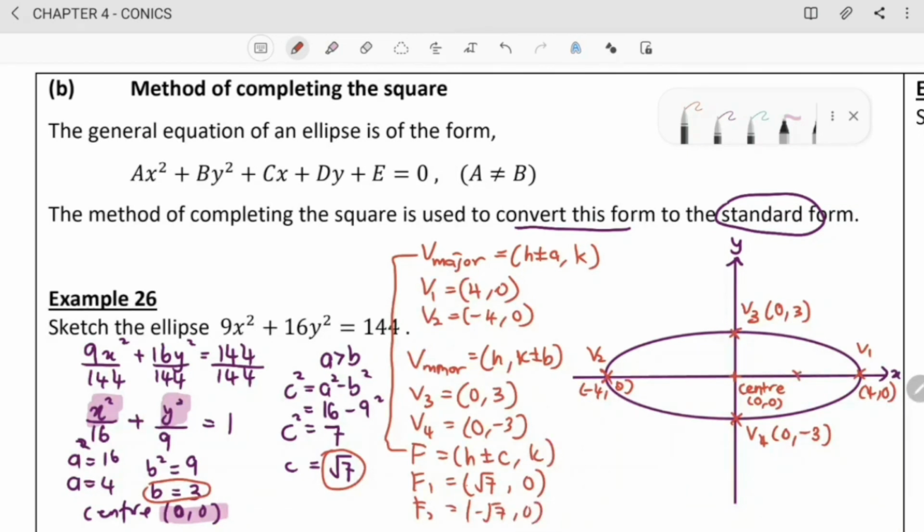So here f1 is square root of 7, 0, and here f2 is negative square root of 7, 0. You must have all the labels with the x and y axis, and it is finished. You will get the format of it.